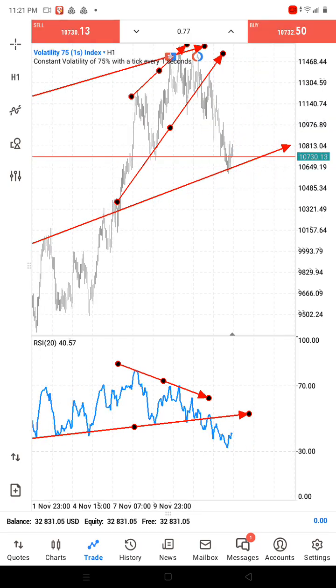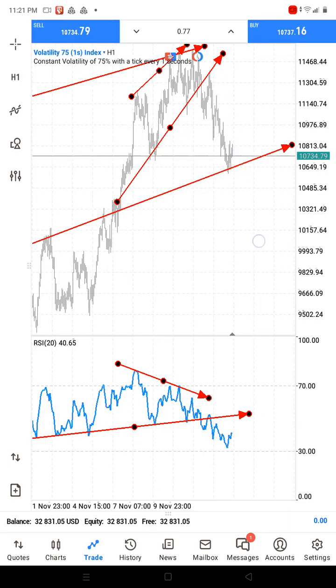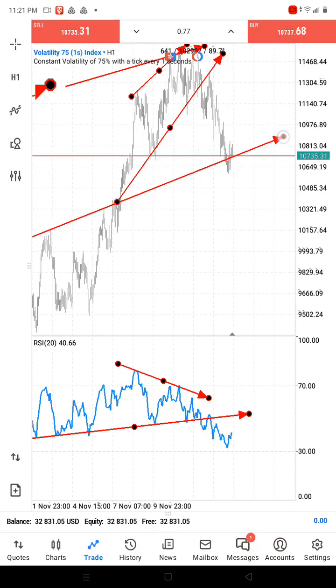You just have to understand that the market always gives you the signs that can help you to successfully trade. So I'm just trying to adjust this so that it comes up and I can touch this point, so that I can show you where I entered, how I entered, and what was the result.